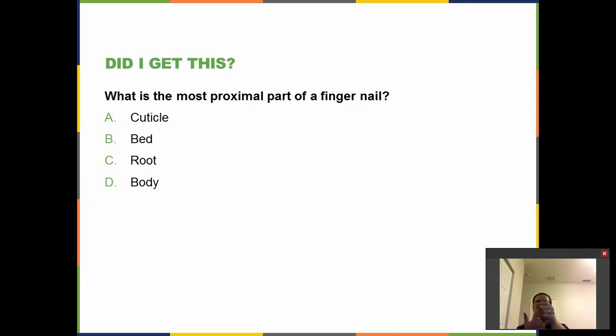And so we're going to pick the part closest to my hand, which is the root. We go to the root, and then we have the body, and the body and the bed are in the same place. And then the cuticle is between them. So the root is the correct answer there.